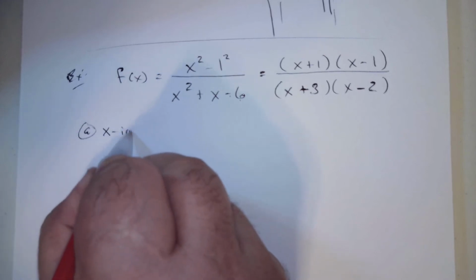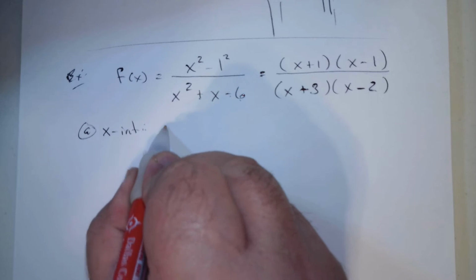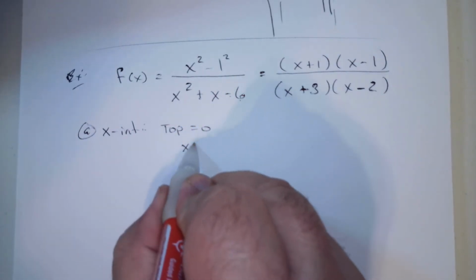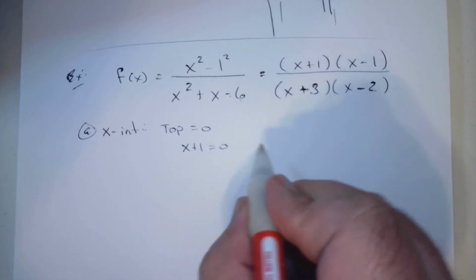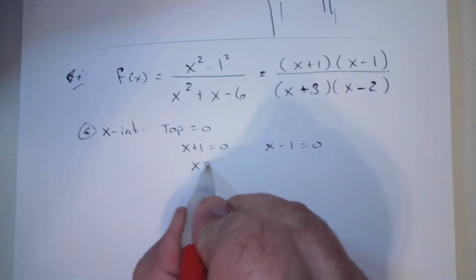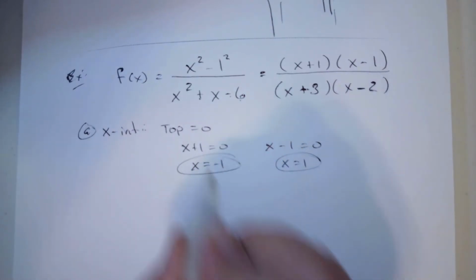So the x-intercepts: set the top equal to 0. So we have x plus 1 equals 0 and x minus 1 equals 0. So x equals -1 and x equals +1. These are my x-intercepts.